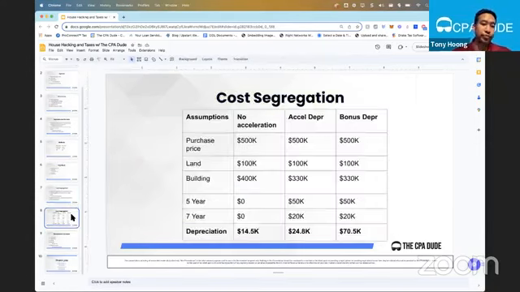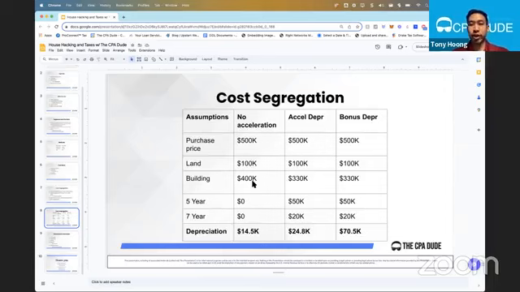So on a cost seg method, I just want to show you, if you do a cost segregation, what the different benefits are that you can see. On that 500K home, using it as a simple example, you would have a purchase price of 500,000, land of 100,000.